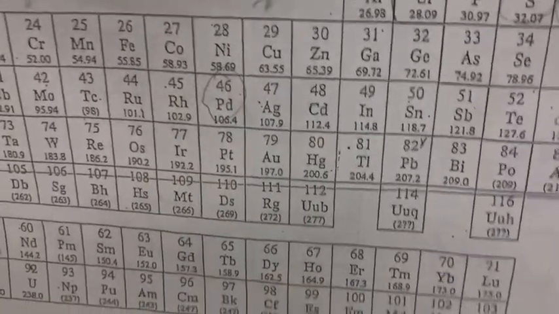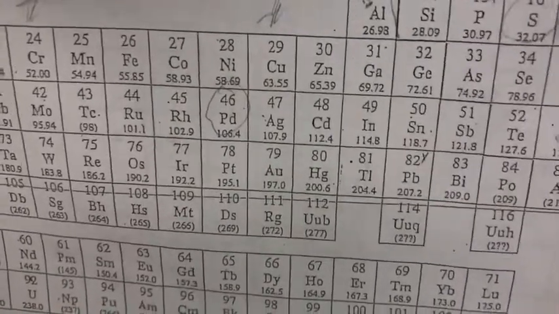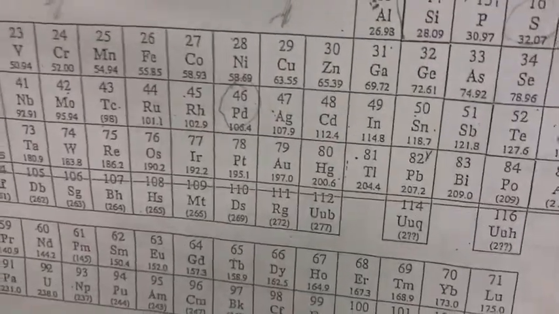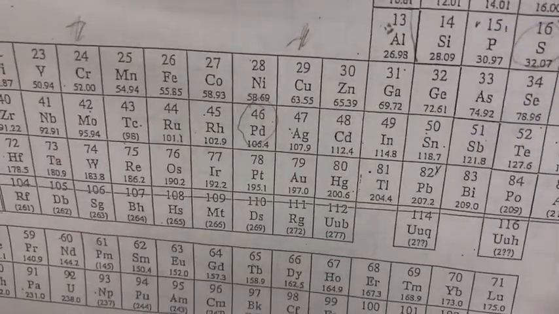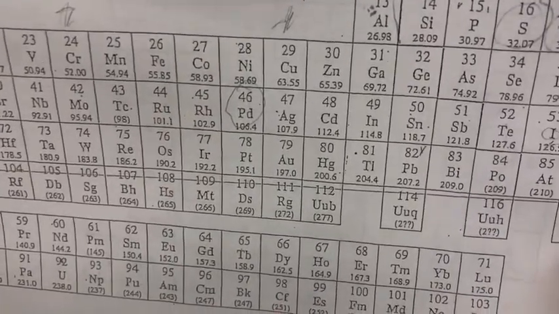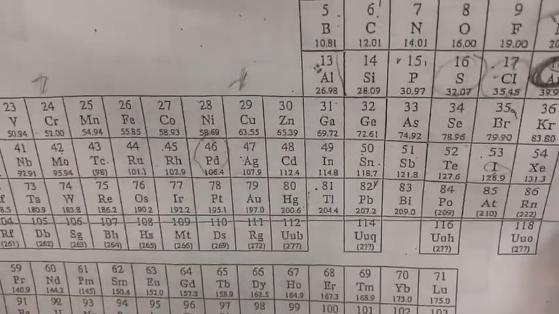And that's pretty odd, because if we're just adding whole numbers of protons and neutrons to get a mass, it's pretty interesting that we would have decimal places. But these numbers actually represent a weighted average of atomic masses of individual isotopes. And we'll talk about that here in just a little bit.